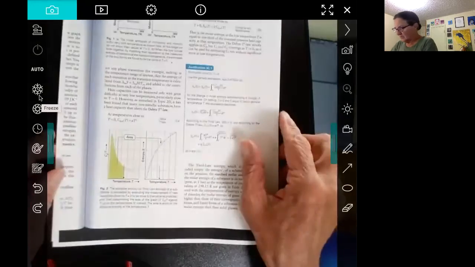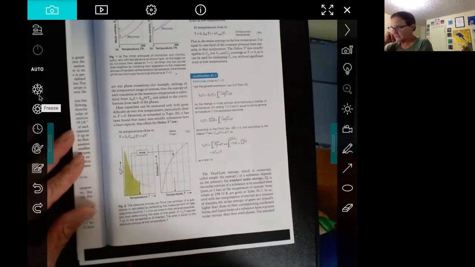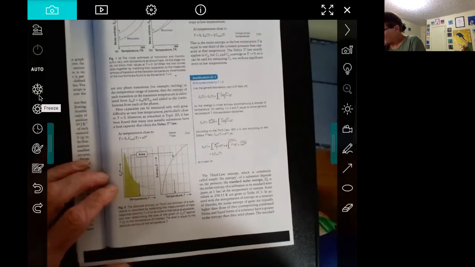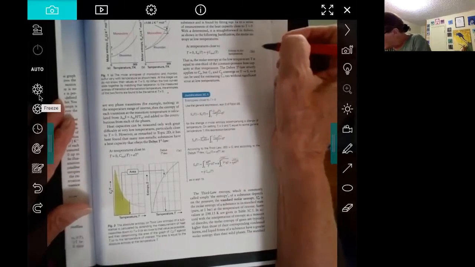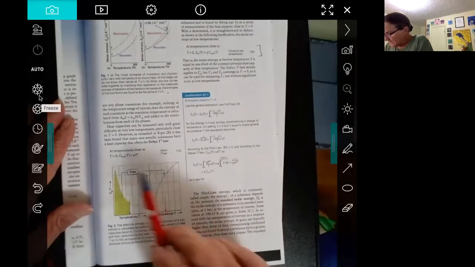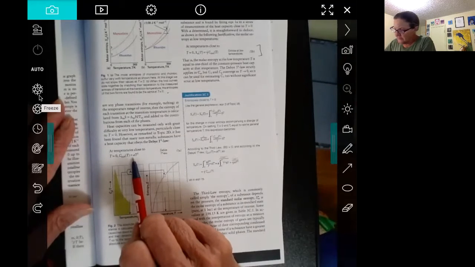This is showing the same thing in this graph, but it doesn't show you how the phase transitions would impact it, so I wanted to show you the other one. At low temperatures, because we really can't measure heat capacity so well, this equation 1b tells you that to a good approximation, heat capacity can be fit as a function of T cubed, so aT cubed.